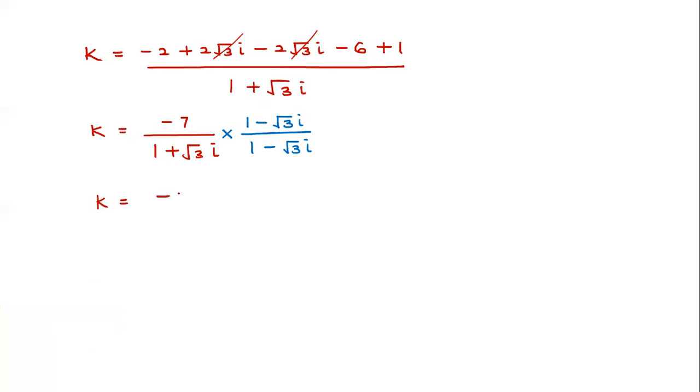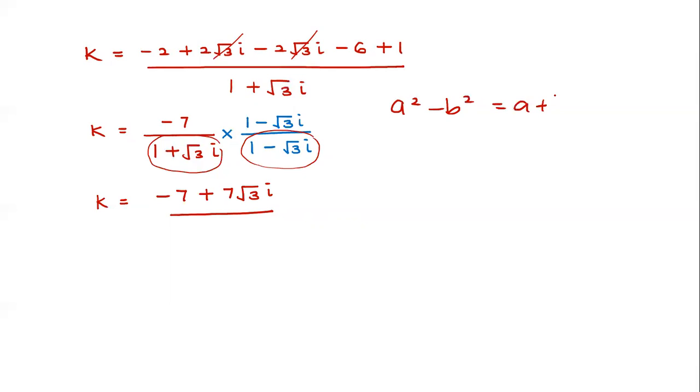You're going to get negative 7 plus, because negative positive, 7 square root of 3i over, okay, this one you just use calculator class. If you can remember why we are using a conjugate, it is a square minus b square equals to a plus b, a minus b, right?